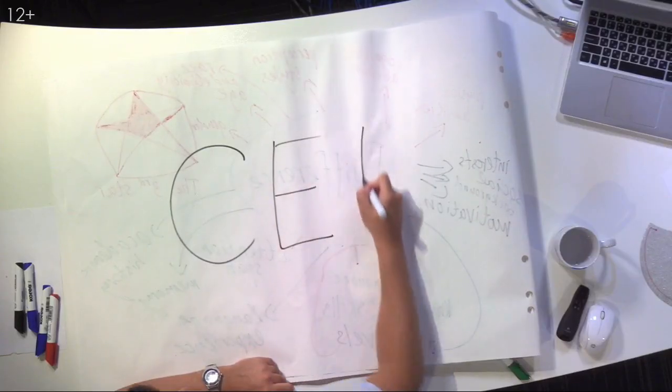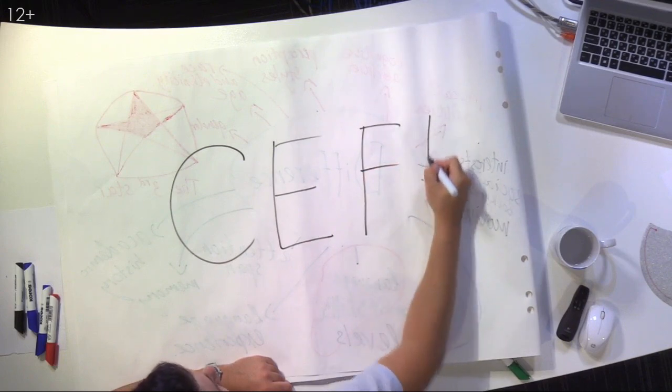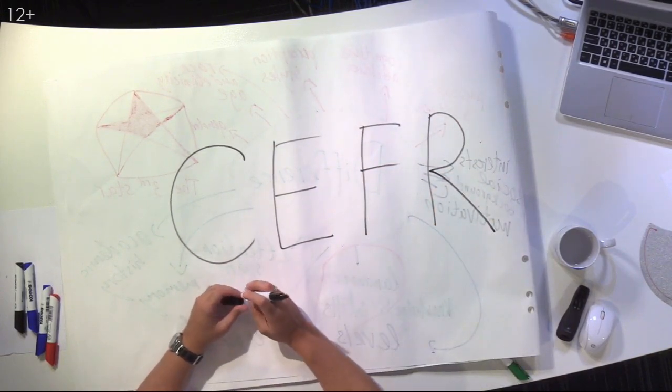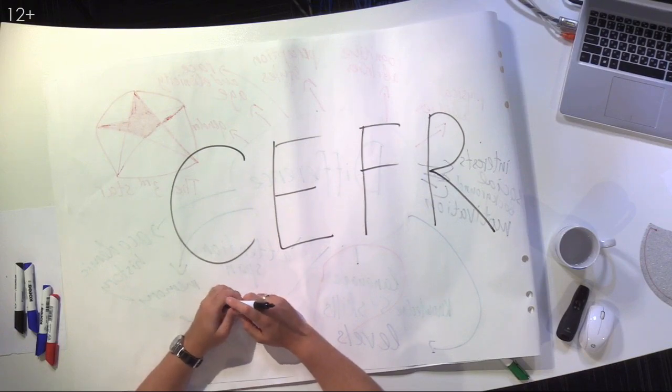Now we do have that language, and the most dominant conception of language skills and language competences in Europe is called the CEFR, the Common European Framework of Reference for Languages.